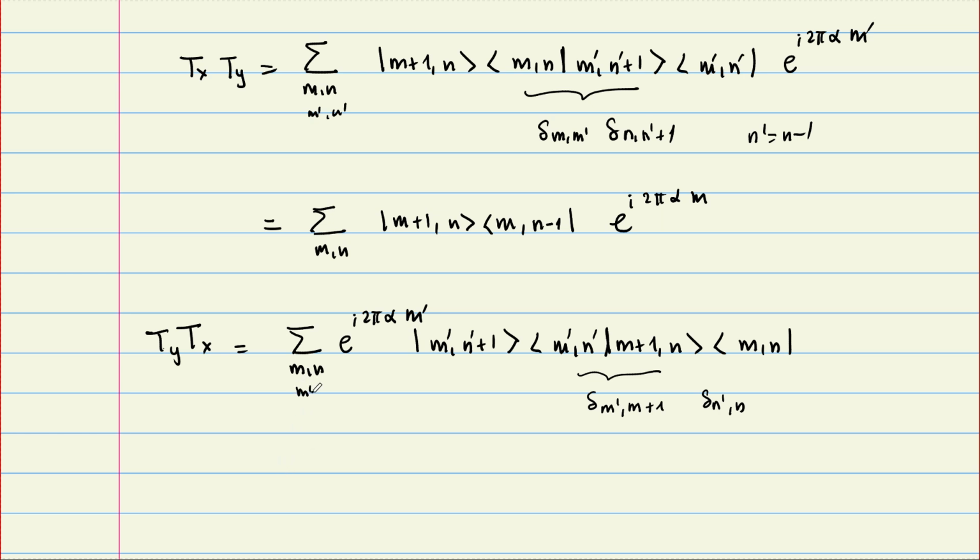So there are also m prime and n prime summations here, and this is going to be equal to m n e to the i 2 pi alpha.